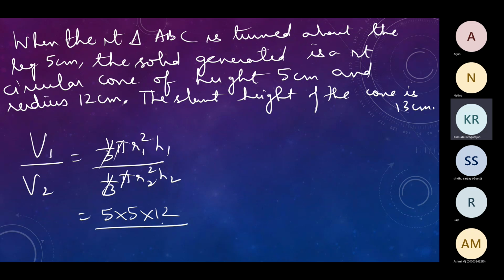In the second case, the radius is 12 and the height is 5. R square h. 12 and 12 cancel. 5 and 5 cancel. So the required ratio is 5:12. Take down, children.